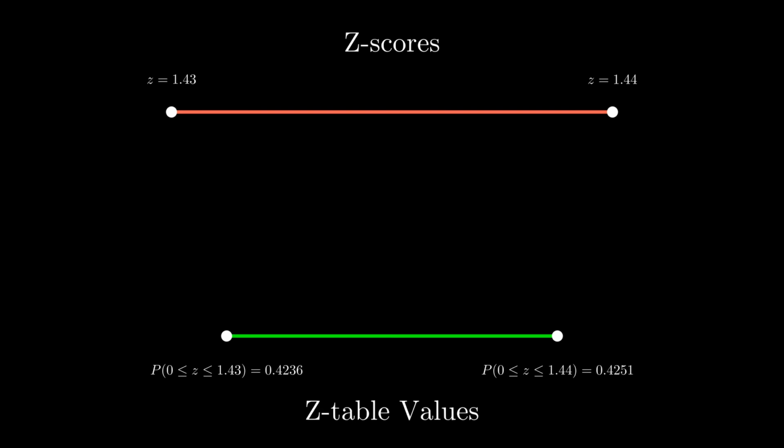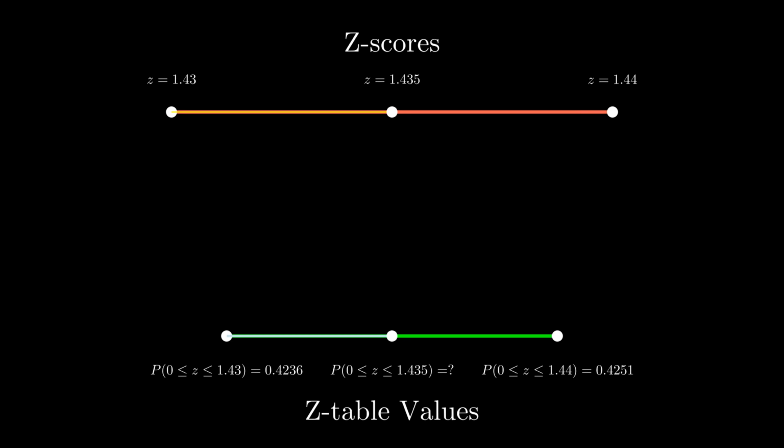And below are their corresponding values on the z table. But suppose, what if we want to find out a value that lies in between them, which we cannot find in the z table? For example, 1.435, which has 3 decimal places.